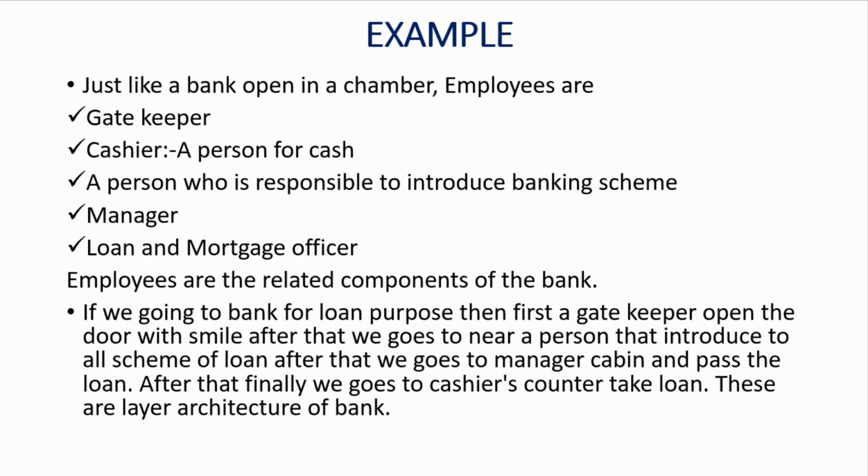So we are following one process where each person is allocated to perform a particular responsibility for fulfilling a particular need of the customer. So this is one example I have taken to explain layers.